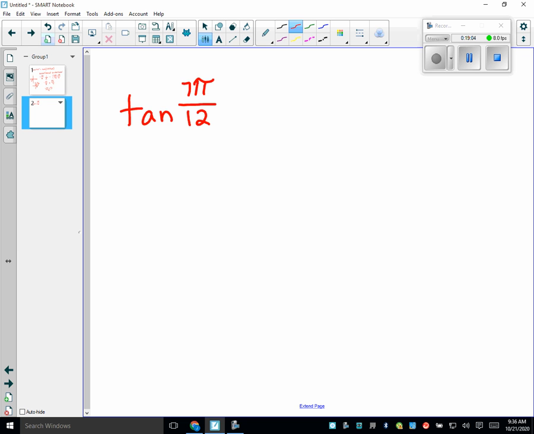That would be 11 pi over 6. Now let me show you a shortcut for finding those. Since it's sixths, it goes all the way around.